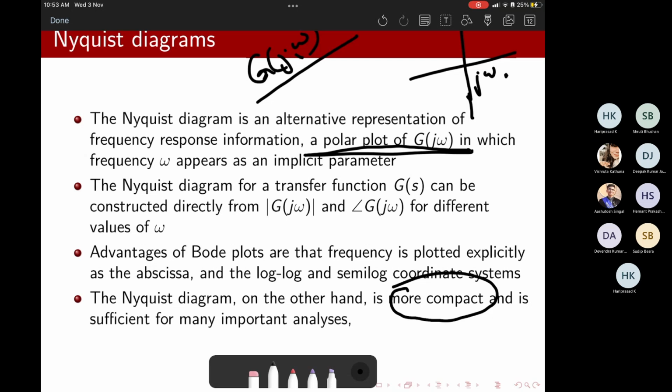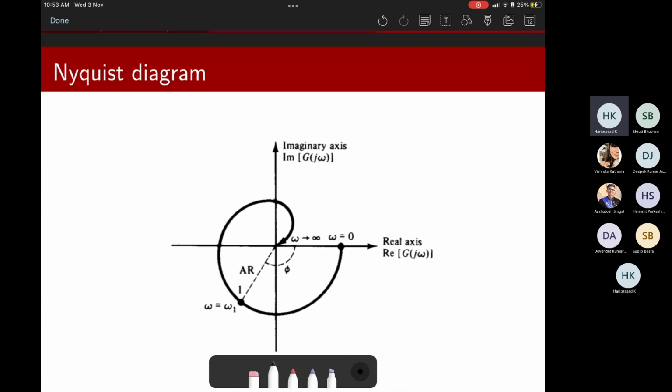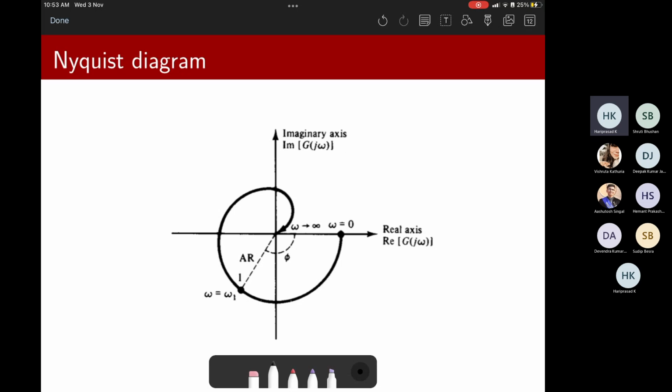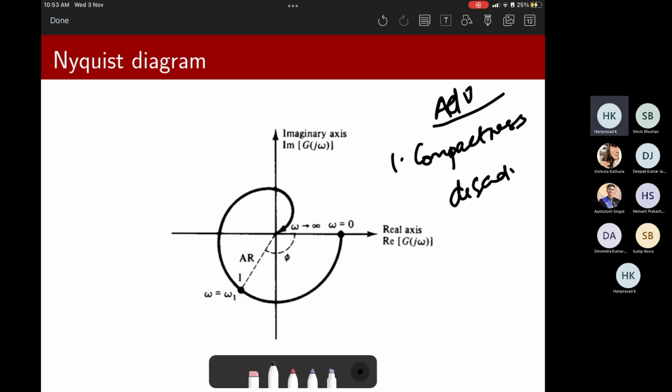That's the most important thing. This is how a Nyquist plot looks. I would say the advantage of the Nyquist plot is compactness, and I'll also say the disadvantage of the Nyquist plot is compactness.